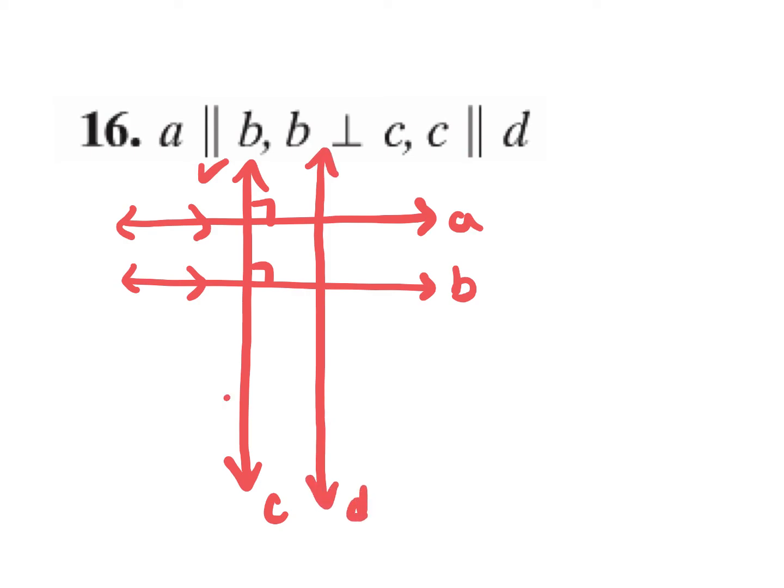So line D goes here. These two lines are parallel, which means that these are right angles. Now the relationship we want is between A and D, and we can see that A and D have this perpendicular relationship. So I would say A is perpendicular to D.